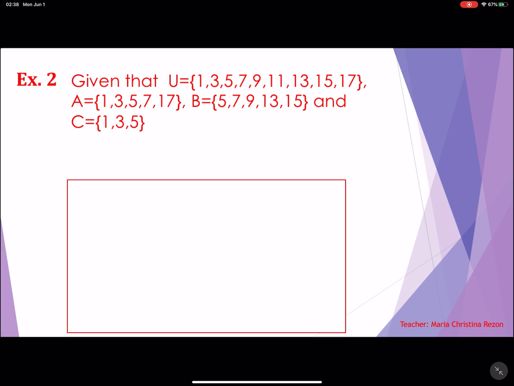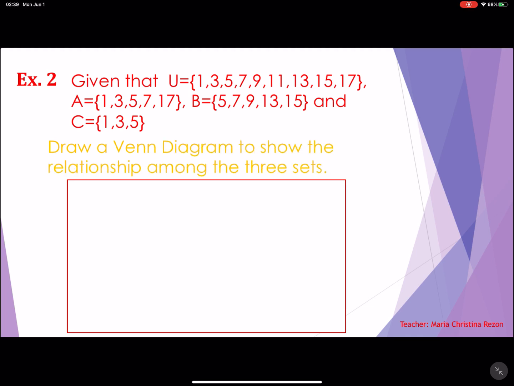We are going to draw a Venn diagram to show the relationship among the three sets. How are we going to do that? If we try to analyze, A is a set of 1, 3, 5, 7, 17.